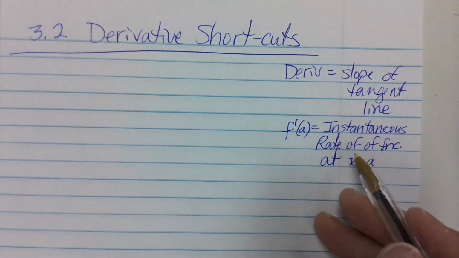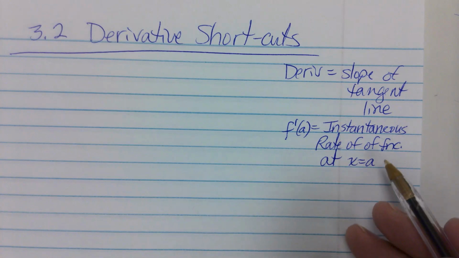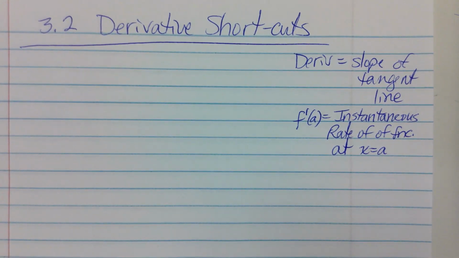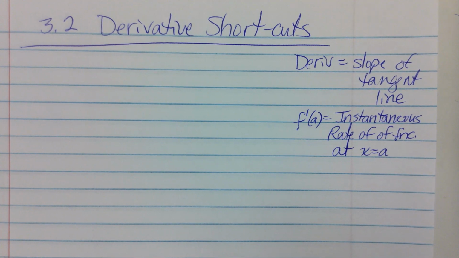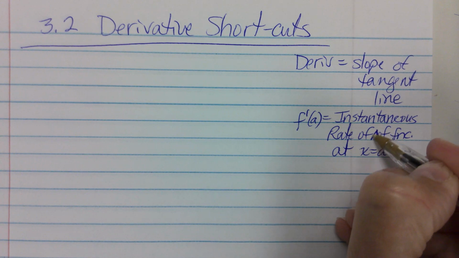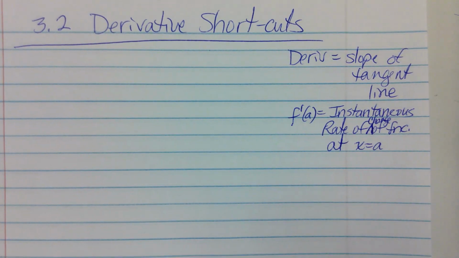Now, we talked about there's an average rate of change also that always goes between 2 points, right? Rate of change of the function.